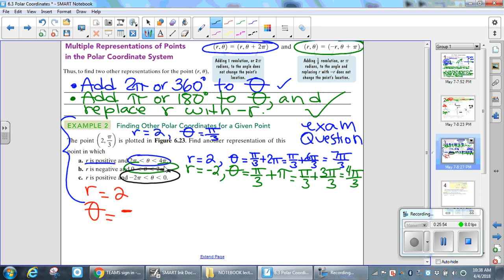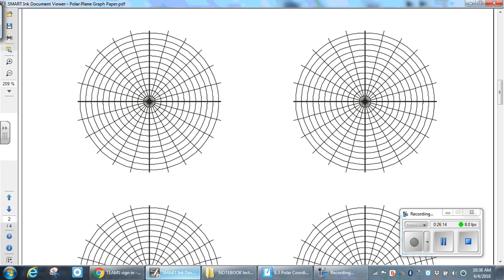If you subtract that from pi, only 1 pi, that would have given us negative 2 pi over 3. So we could have done that and then switched it to the other side. Yes, that will also be valid, but because they told us to keep R positive, we didn't. But it's very good.